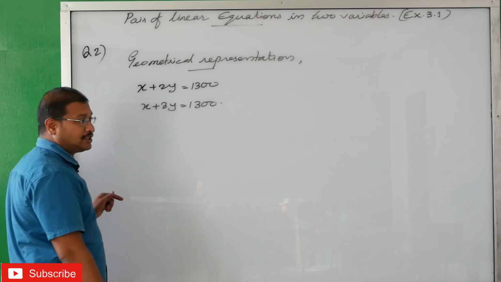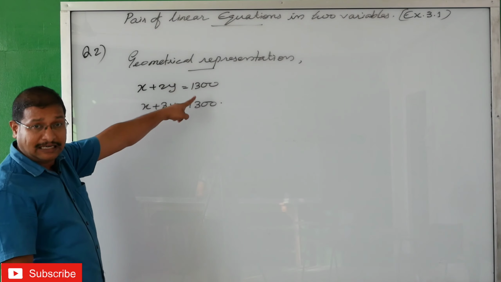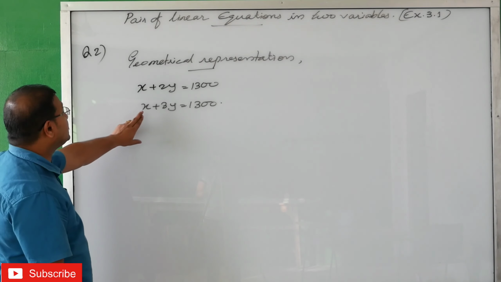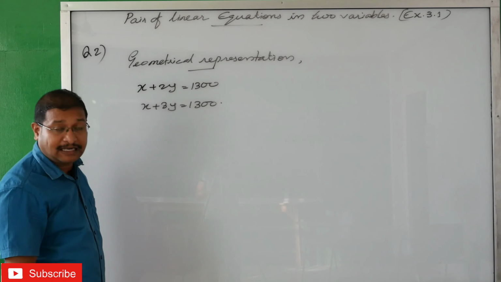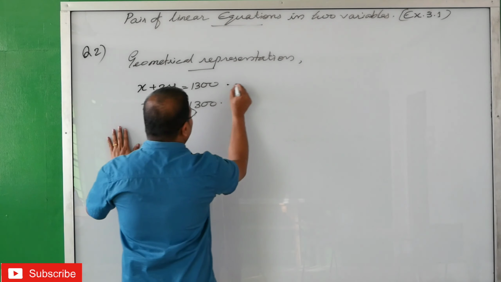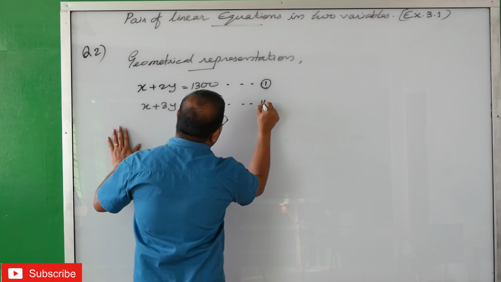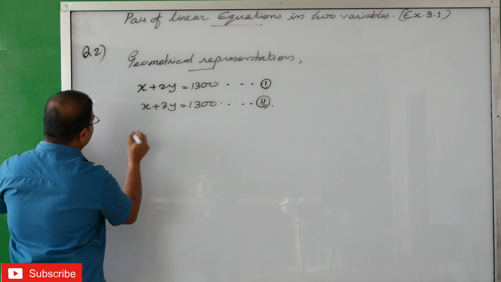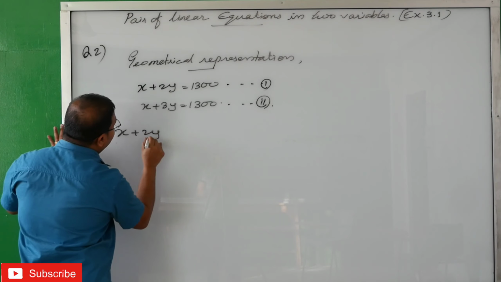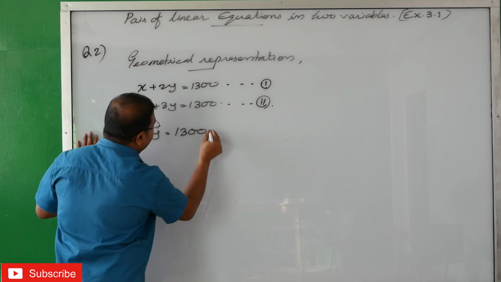Ready? See, the first equation is x plus 2y equals 1300 and the next one is x plus 3y equals 1300. So I am writing this as equation number 1 and this as equation number 2. That means the first equation, x plus 2y equals 1300.